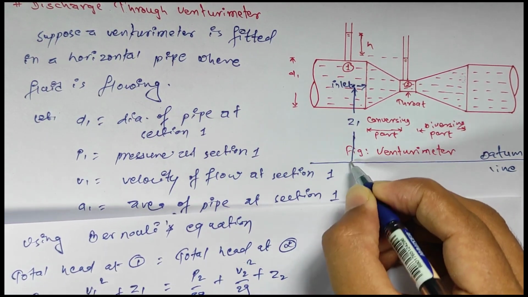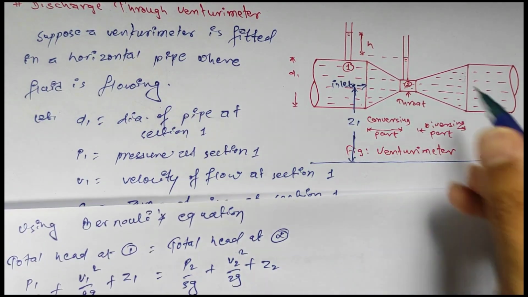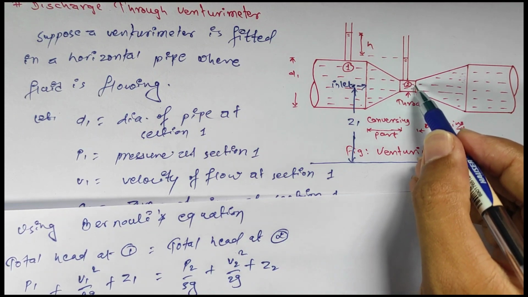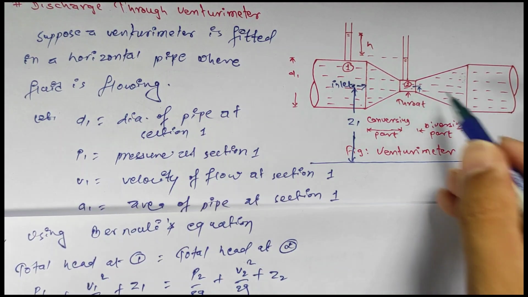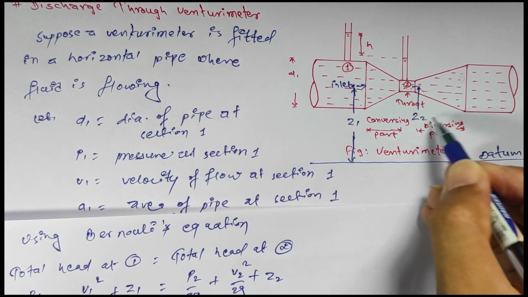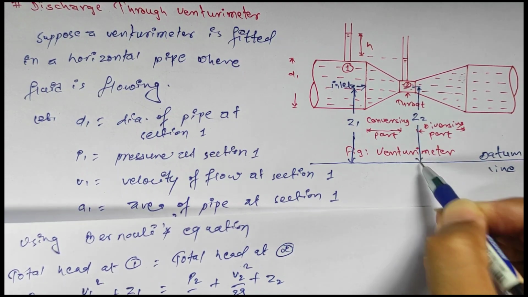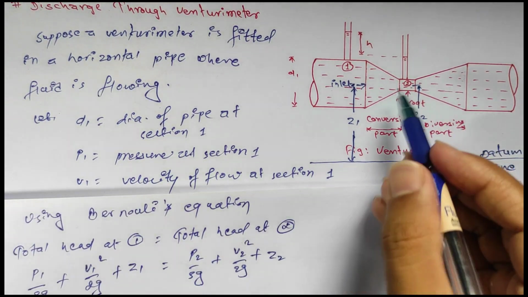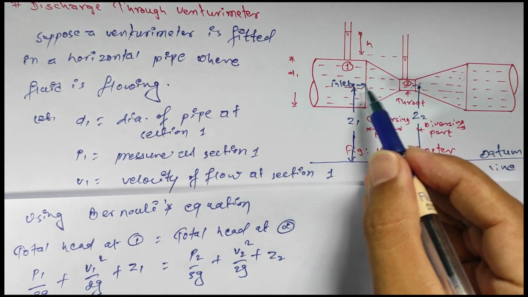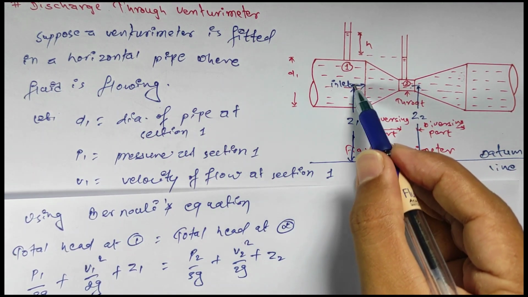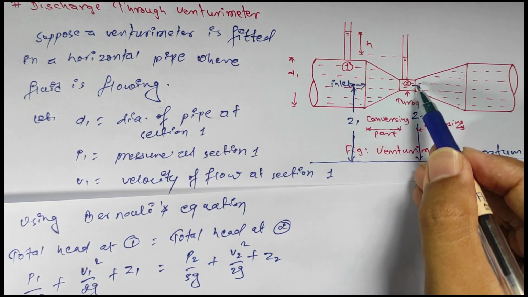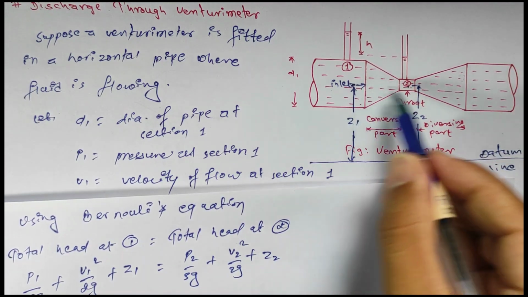Z2 is also the center of the throat from the datum line. If the pipe is horizontal, the level of the center line of the inlet and that of the throat are equal.